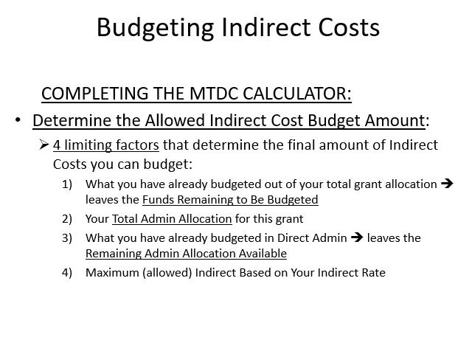And the third item is that what you have already budgeted in direct admin leaves the remaining admin allocation available, which is part of what I was explaining in item 2, that your total allowed admin can limit how much you can claim as indirect cost. So the maximum allowed indirect based on your indirect rate is also a limiting factor.